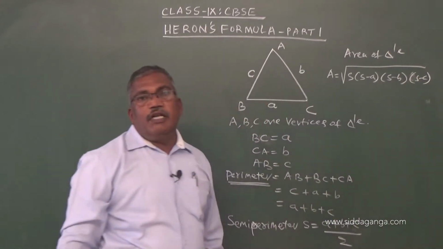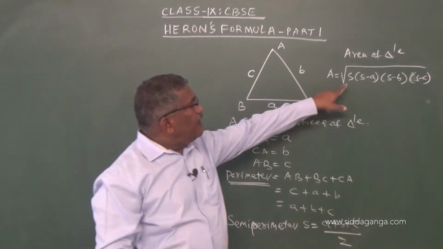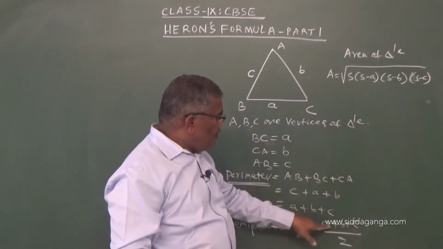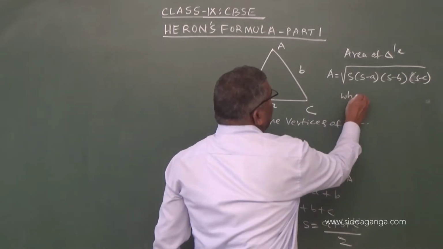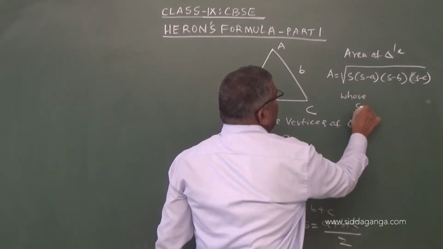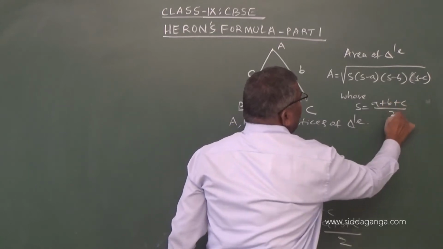This is known as the famous Heron's formula, where s equals a plus b plus c divided by 2.